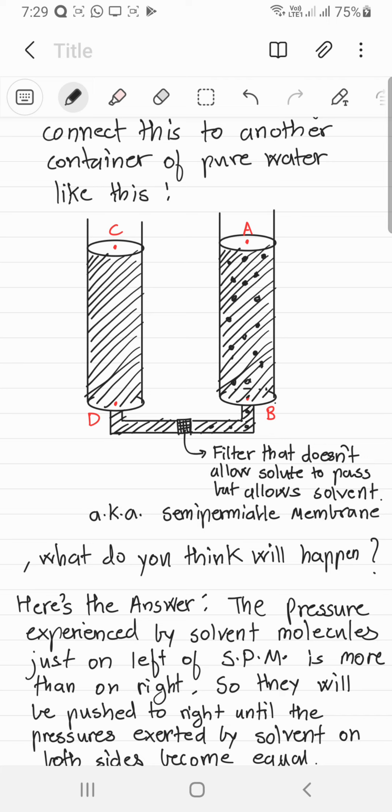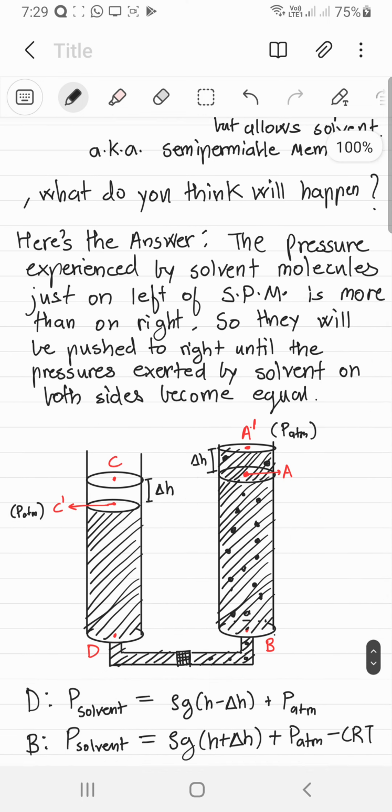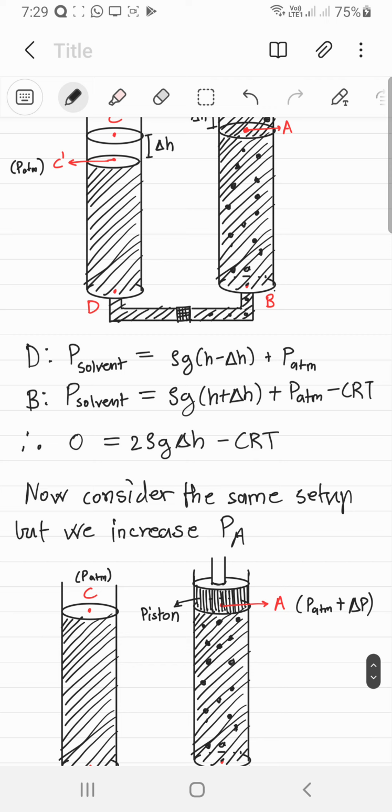So when we let the solvent flow, it will naturally flow from left to right until the pressures experienced by the water molecules become equal at this point, like this. And then we just find what the equations for these are, and this is the equation. So you can figure out for what delta H this will be at equilibrium and so on.